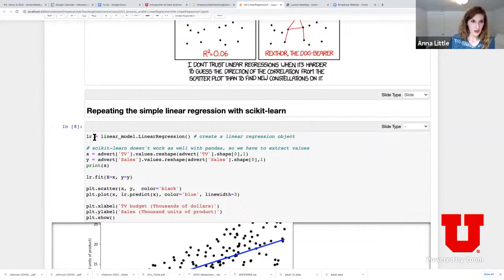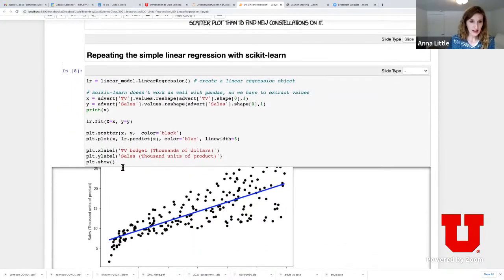As I mentioned earlier, you can also do linear regression in scikit-learn. I'll go over the exact same thing in a different way. If you use the linear_model.LinearRegression function, this creates a linear regression object. One thing that's a little bit annoying if you're working with pandas data frames is that this function is not set up to take those data frames directly as input.